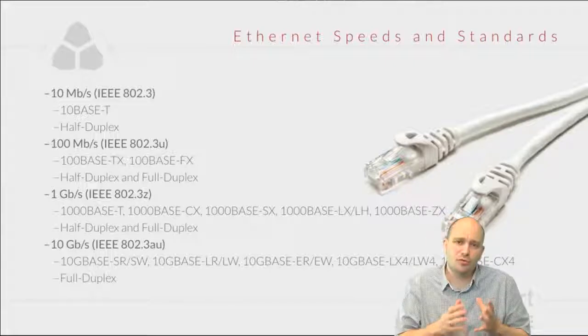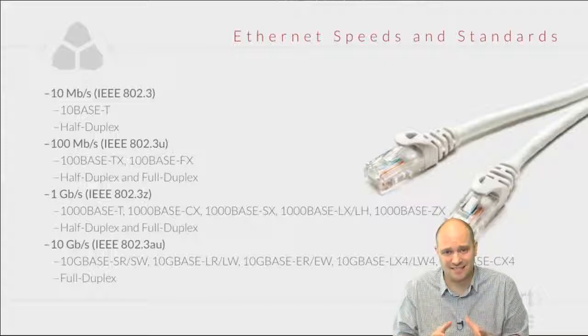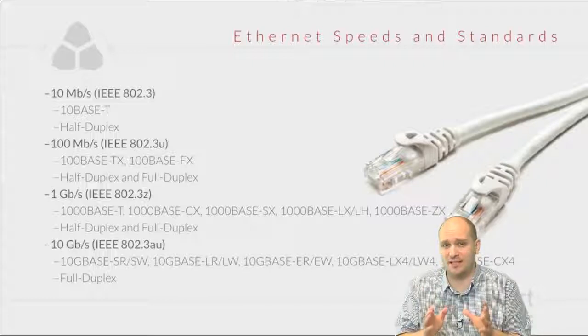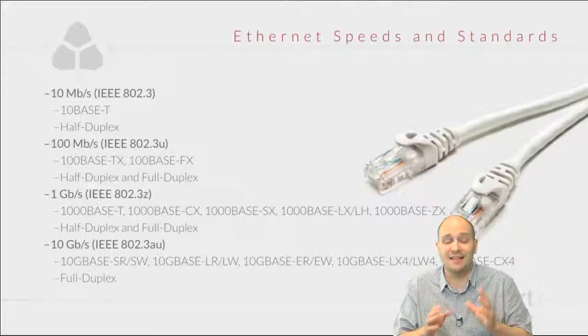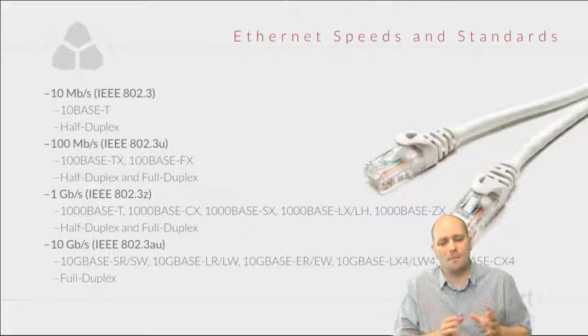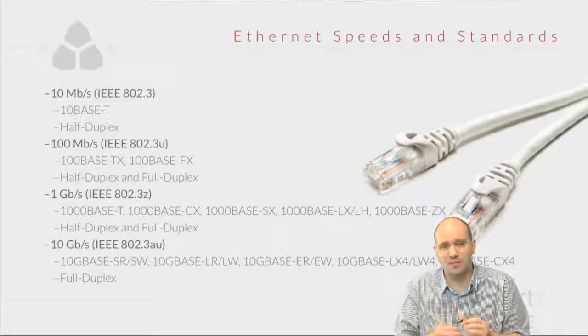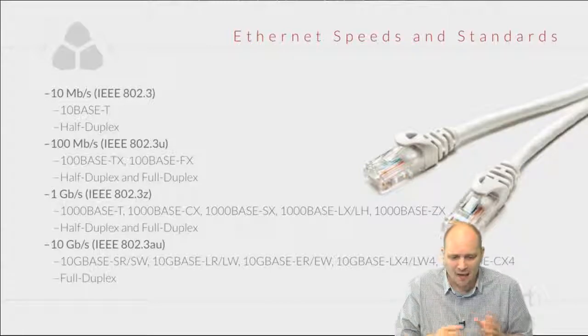This is also referred to as 10 base T standard. It's not the only standard that is in use or that existed. We had 10 base 2 and 10 base 5, but these were not based on hubs or switches. These were based on coax cables, thick and thin Ethernet, as they used to be called.